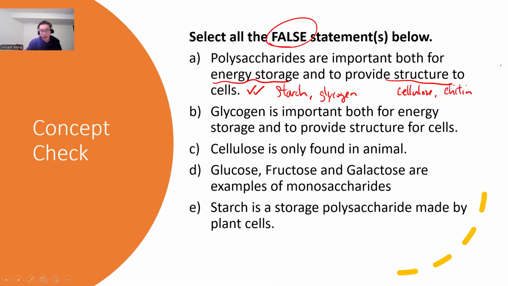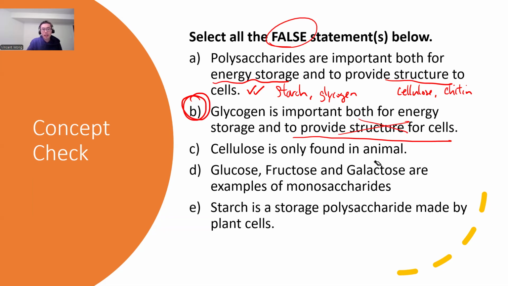So that's the correct statement. We're looking for the false one. Next one, glycogen is important both for energy storage and to provide structure for cells. That is incorrect. Glycogen is only for energy storage. It does not provide structure. That's cellulose and chitin.